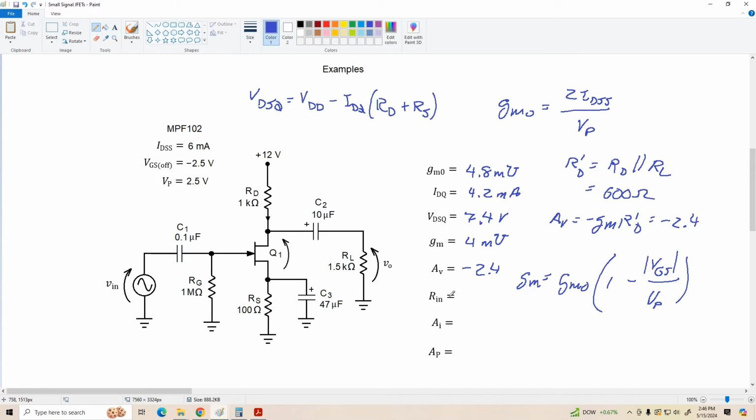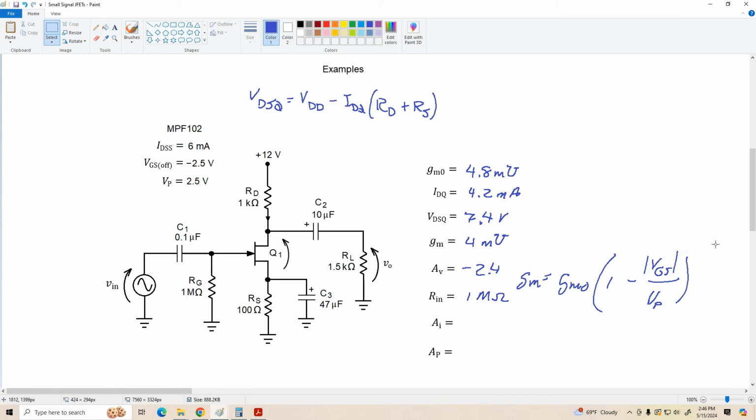All right, let's see. Our input resistance, that's going to be approximately RG, which is 1 megohm. And now let's find our current gain. If you recall, A sub I is equal to AV times Rin divided by RL. So let's see what we come up with here. Okay, calling up the calculator.